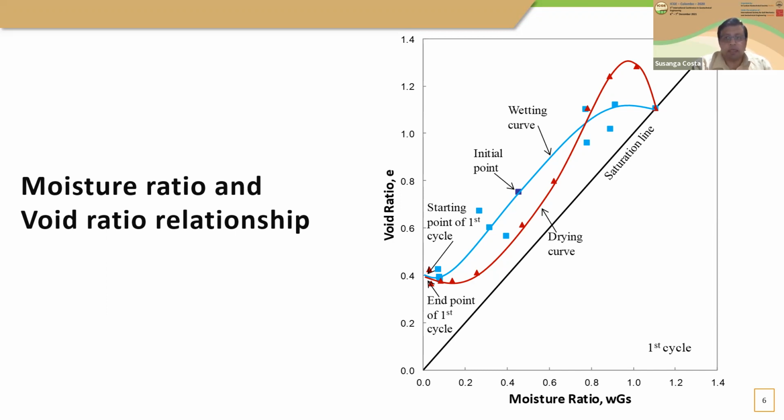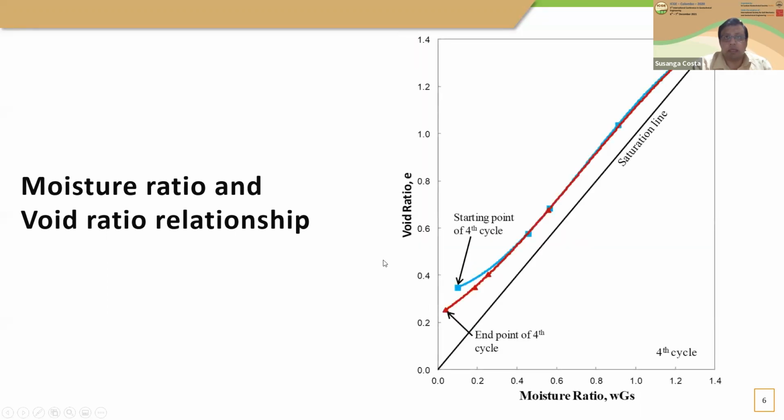In this first cycle, the curves are unsettled and behave a little widely. However, as we move to the fourth cycle, as you see in this figure, they settle down and converge to a stabilized curve. This is what we call the environmentally stabilized state.